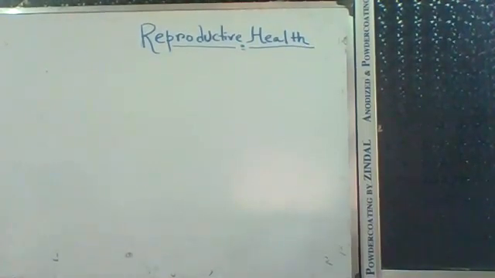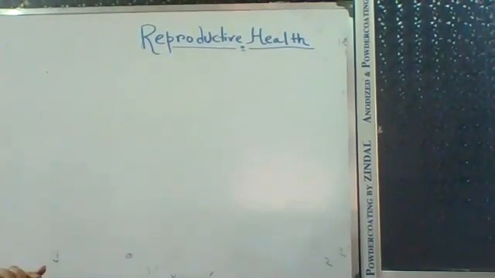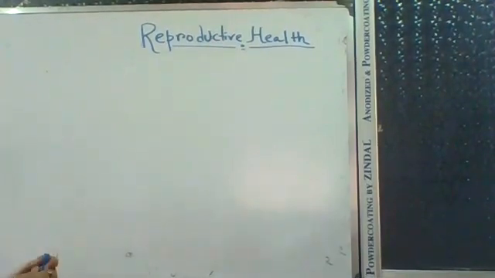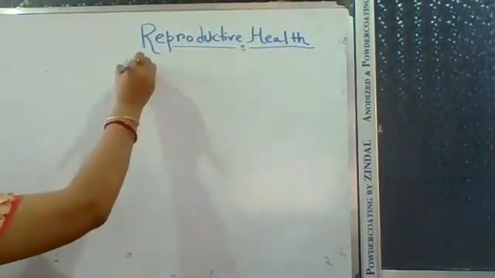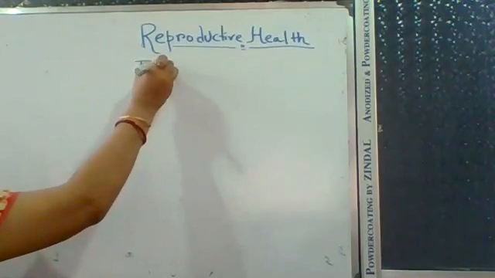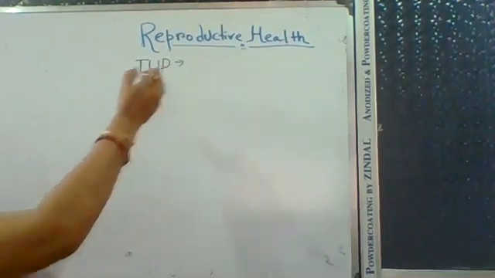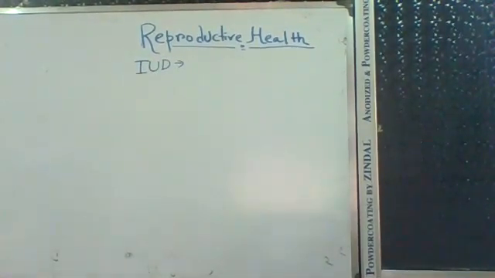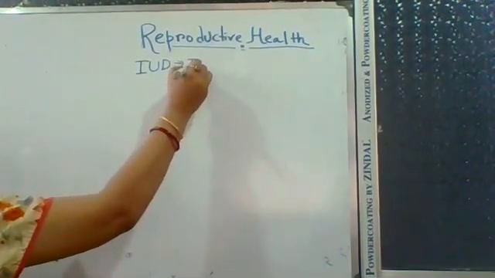Okay, so after this variant methods, now we move to IUD. Please remember the full form of this IUD is intrauterine devices. Please write down the full form.